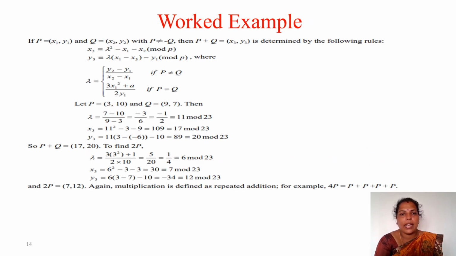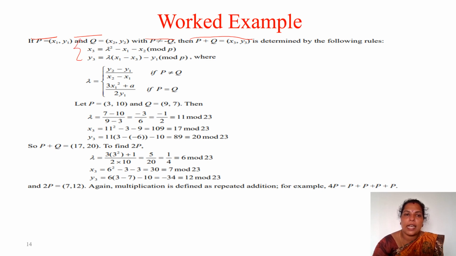So let us see one example problem with respect to the working of elliptic curves. Here we have two points, P equal to (x1, y1) and Q equal to (x2, y2), with P not equal to minus Q, and P plus Q equal to (x3, y3) is determined by the following rules.